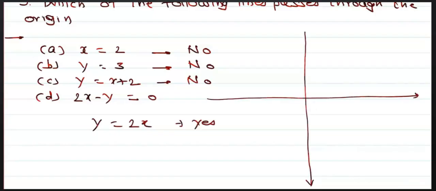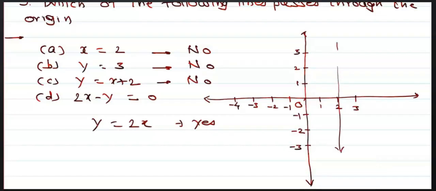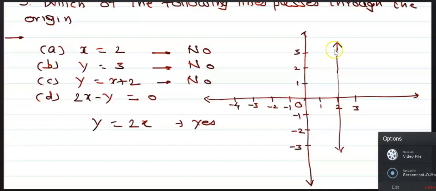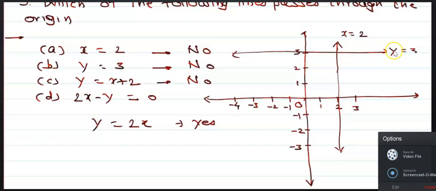See all these lines. First line x is equal to 2 doesn't pass through the origin. Second, y is equal to 3 is parallel to the x-axis, doesn't pass through the origin.